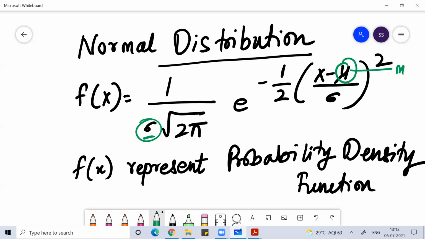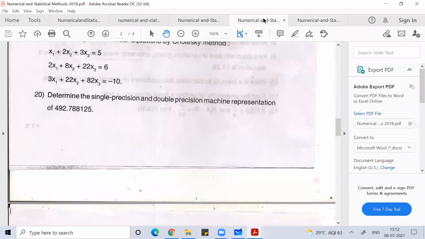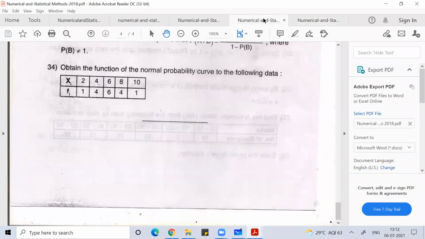By putting these values of standard deviation and mean into this equation, ultimately I'll get a normal distribution curve. So in the exam, you will get a question on plotting a normal distribution curve. There we'll do this work.